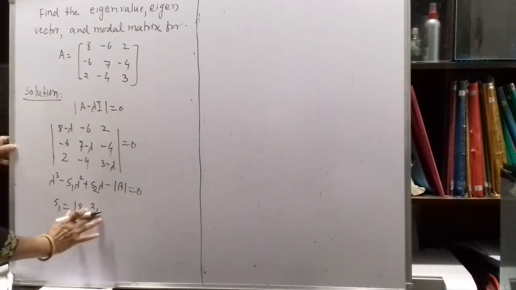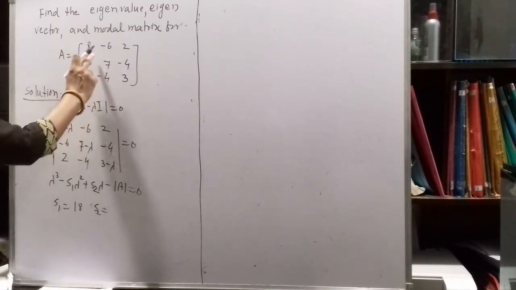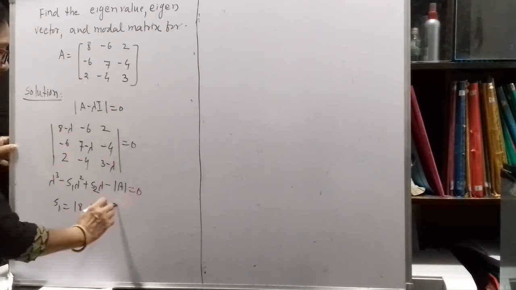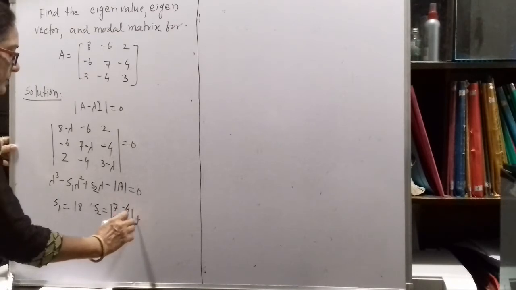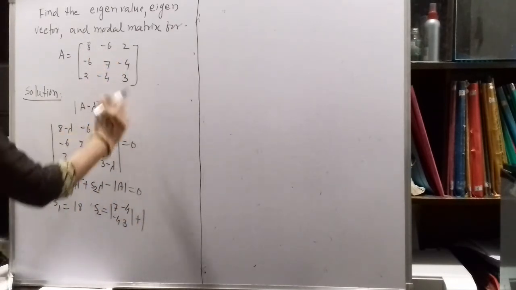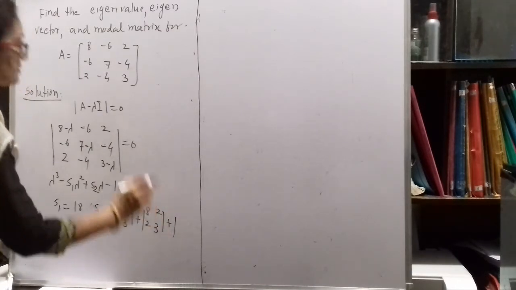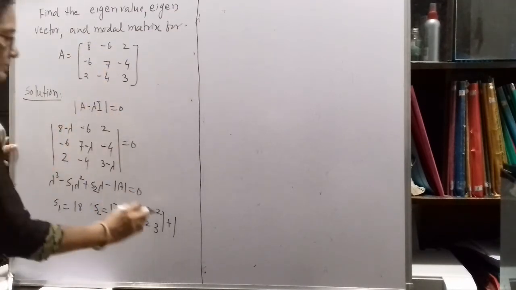S2 is the sum of the minors of the diagonal elements, that is, the minor of 8 is 7, minus 4, 3; the minor of 7 is 8, 2, 2, 3; and the minor of 3 is 8, minus 6, 7.